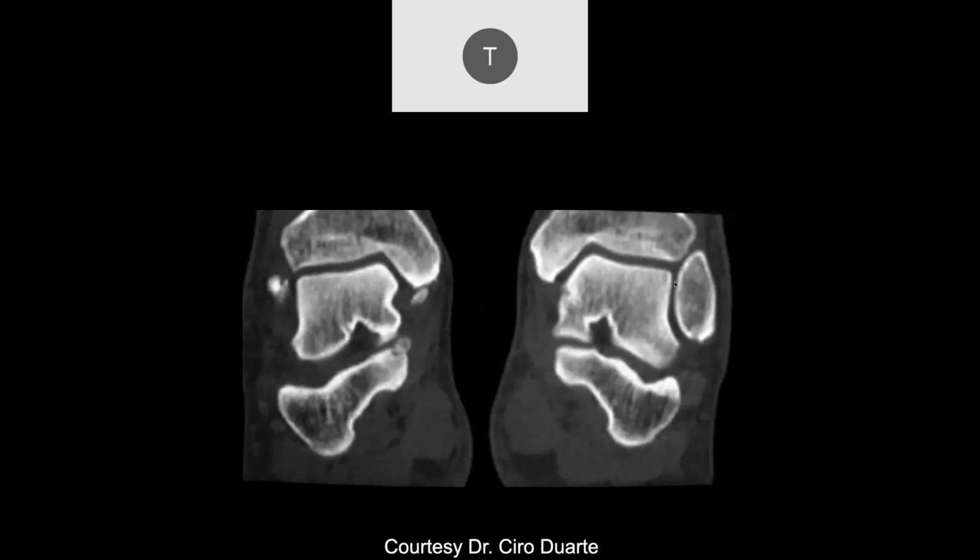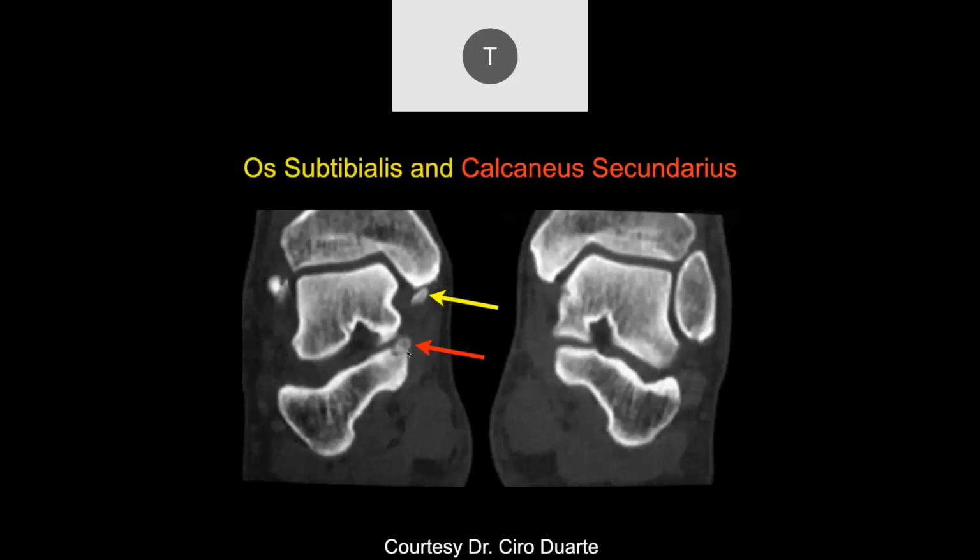I see a corticated ossicle inferior to the right medial malleolus. Congenital or post-traumatic? So we kind of see two things. The top one is an os subtibiale.